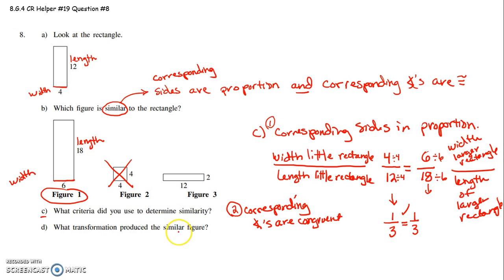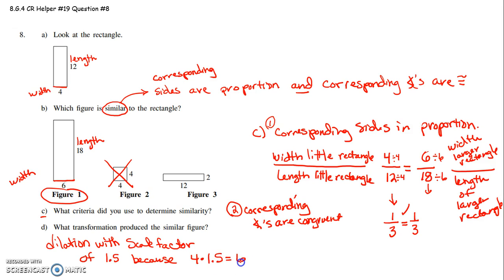What transformation produced the similar figures? I'm going to get real specific. I'm going to say a dilation with a scale factor of 1.5 because 4 times 1.5 gets you to 6.